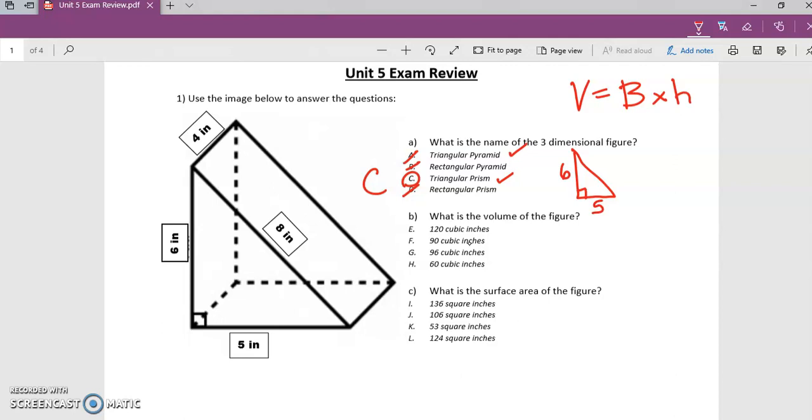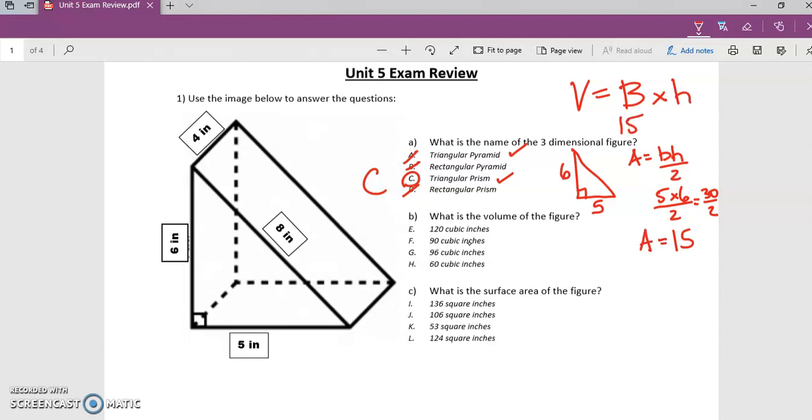The area of a triangle is base times height divided by 2. So the 5 for the base, the 6 for the height, divided by 2, that would be 30 divided by 2, which is equal to 15. So the area of the base is 15.